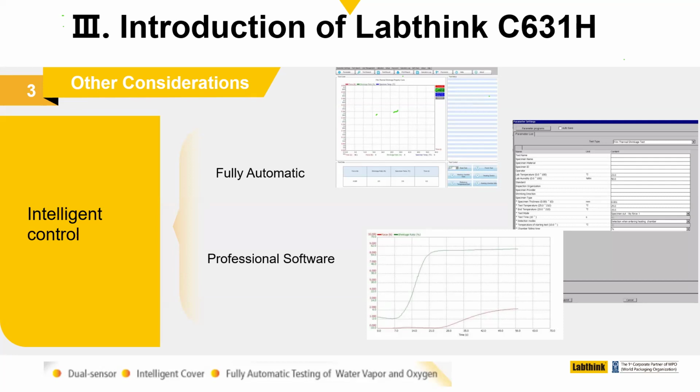Basically, when preparing for the test, you have the option of inputting a number of different fields of information, which can include things like the lot number, the batch number, the thickness, test conditions, what the name of the material is, and so on.